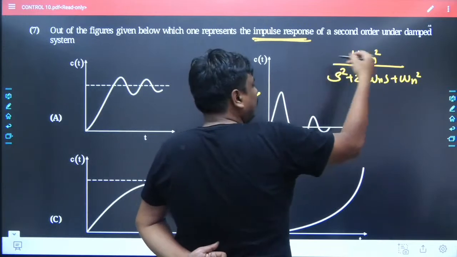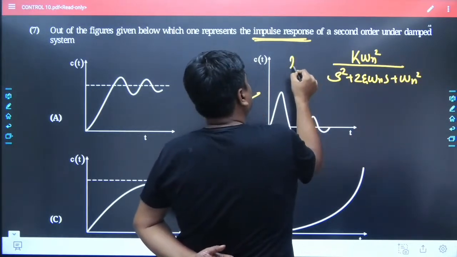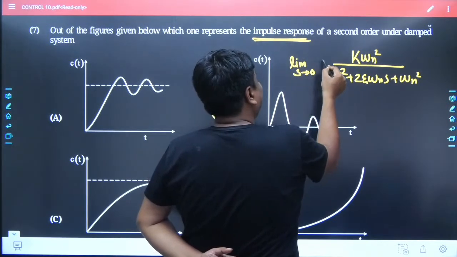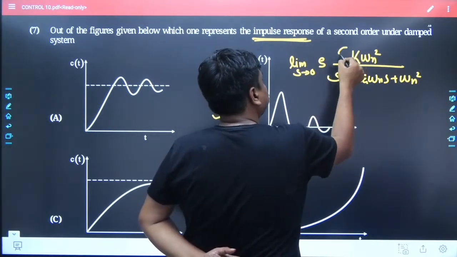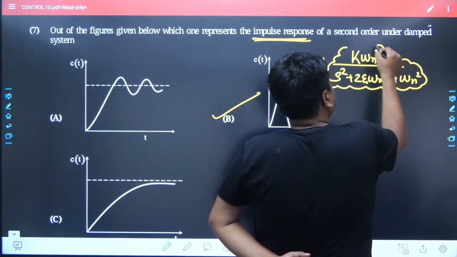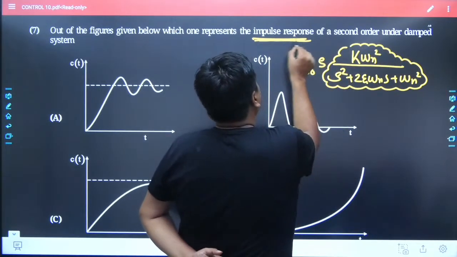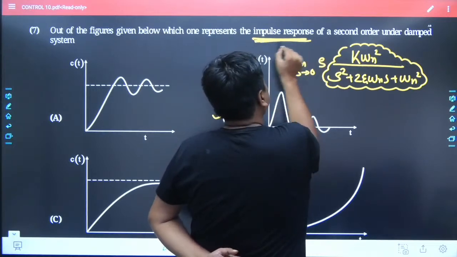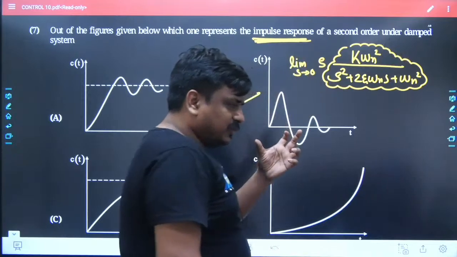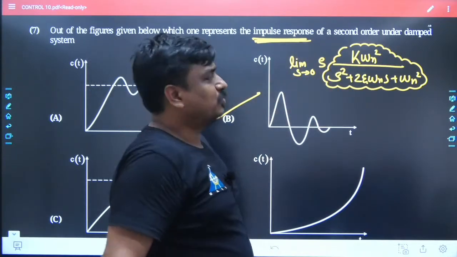And as you find its final value theorem, do you know what it would be? It's going to be limit s tends to 0 of s times the transfer function itself. Why the transfer function itself? Because the input is the unit impulse, so the output is going to be the transfer function itself. Transfer function into 1 becomes the response itself.